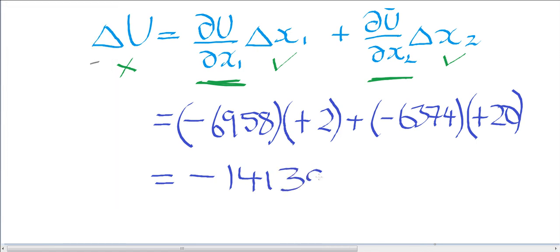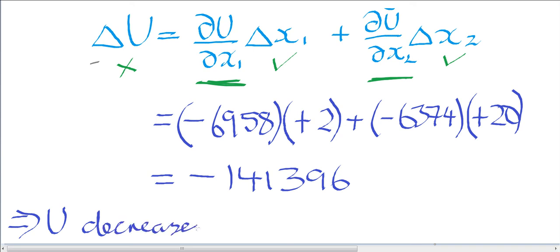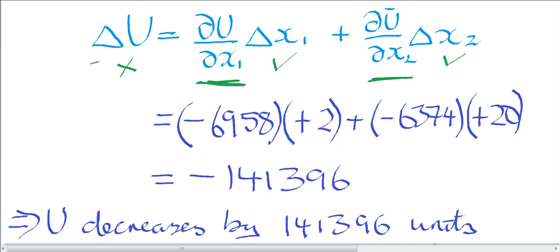Okay, so that means, be careful now, it's a decrease here. Because of that minus there, that implies U decreases by 141396 units. Okay.